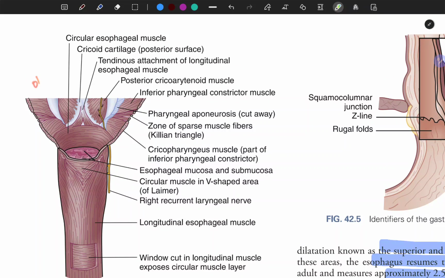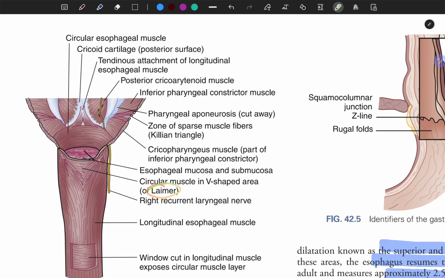The very important point in Killian's triangle is the transition between the oblique fibers of the thyropharyngeus muscle and the horizontal fibers of the cricopharyngeus muscle. This transition marks Killian's triangle, and in this area of dehiscence, because of increased pressure, a Zenker's diverticulum occurs.